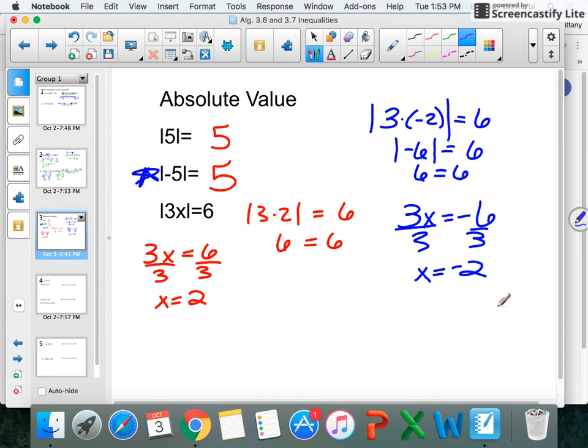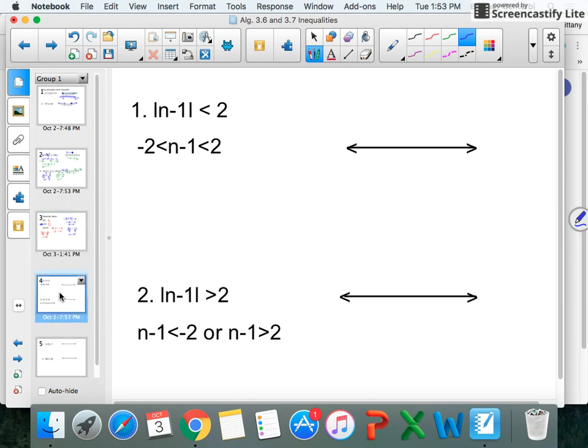So with that, we get a little bit of difficulty when we go to absolute value with inequalities, because now we have different rules too, because we have less than or equal to or greater than or equal to signs. So what I want you to write down is that if you have a less than or equal to, you're going to write it like an and question.